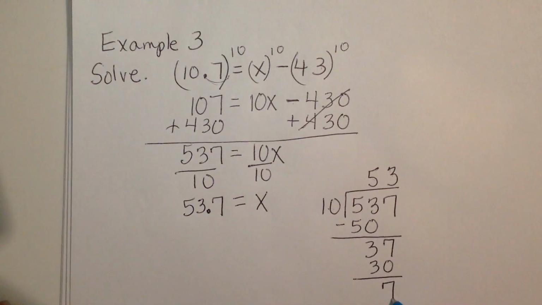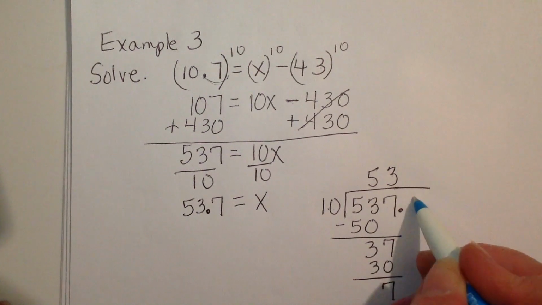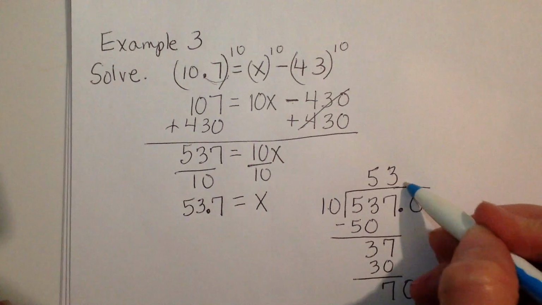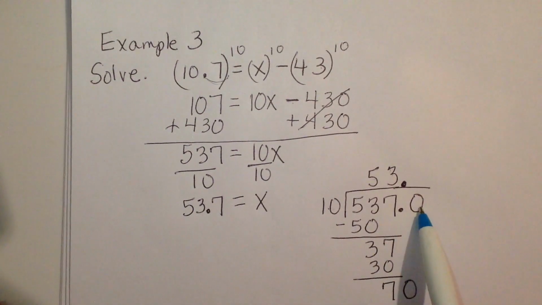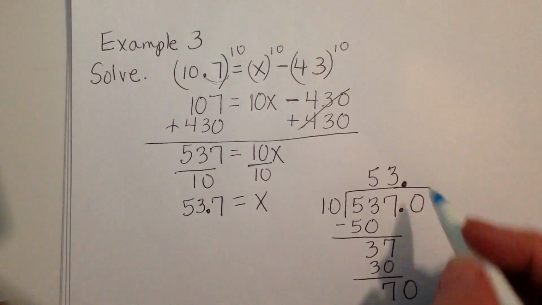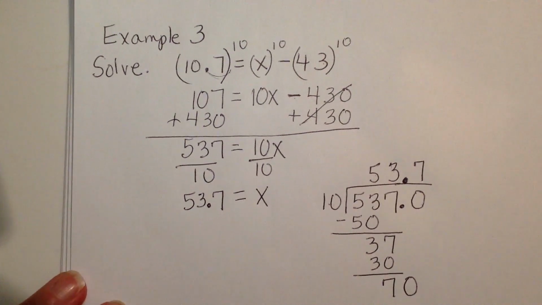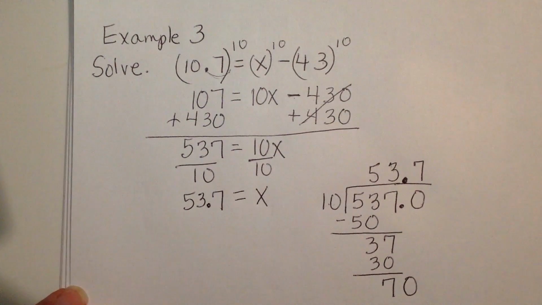Subtract, you get 7. To continue dividing, you'd add a decimal and a 0. So bring down your 0. Also bring your decimal up. When you add a decimal and add your 0, you need to bring your decimal up. Now, 10 divides into 70 7 times. That's how you would divide by hand. So that is the answer to this example number 3.